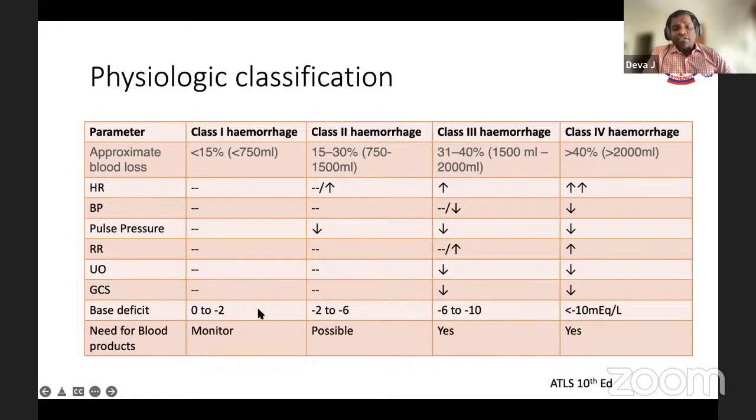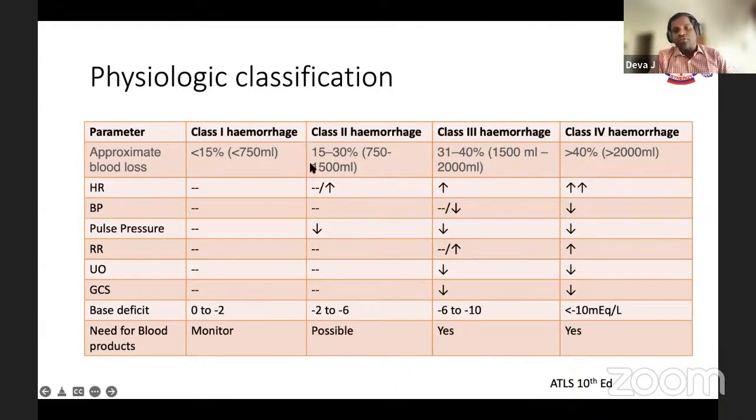Using this classification, sometimes you can decide the need for blood products. As I mentioned at the beginning itself, this is theoretical, academic, and physiological. Of course, we do use physiology at the bedside, but we almost never see textbook descriptions at the bedside. So it's just a table for you to remember whenever you resuscitate patients who are bleeding.